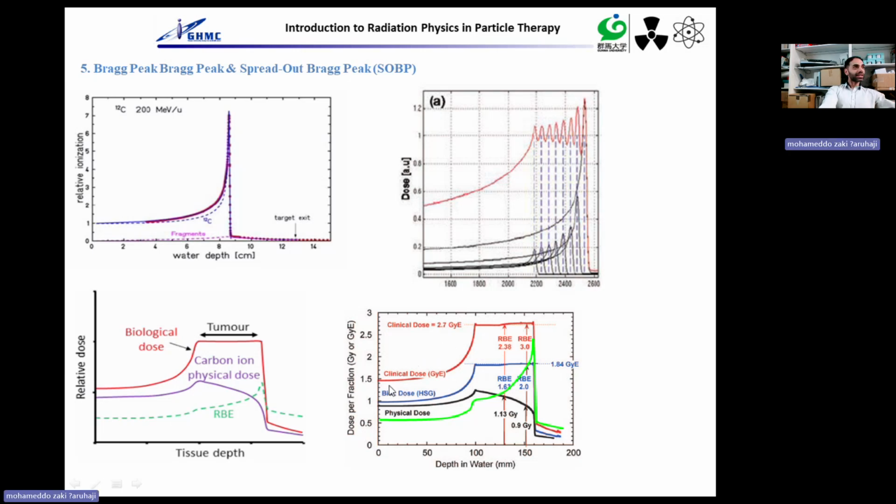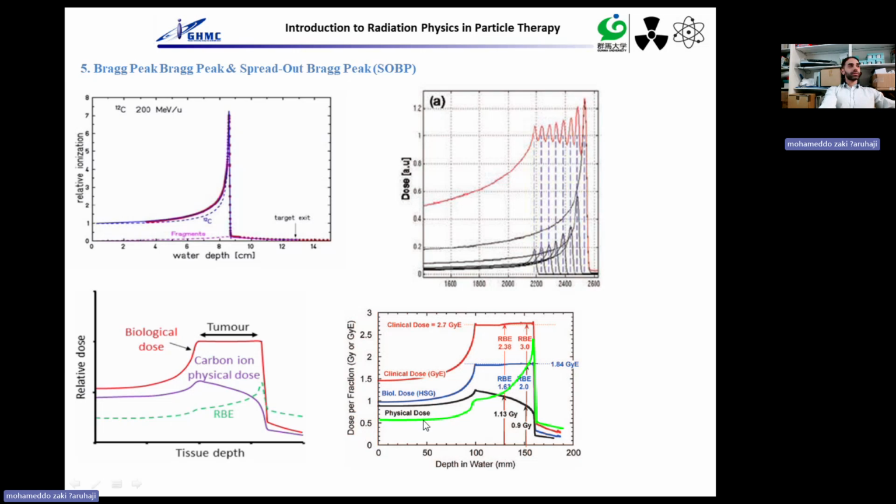This biological action and reaction, we can get a little understanding of it through something we call RBE, because RBE tells me the relationship between radiation and the biological cell. Each cell has its own characteristics.